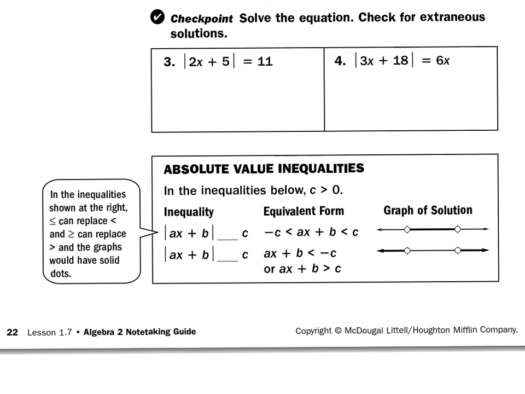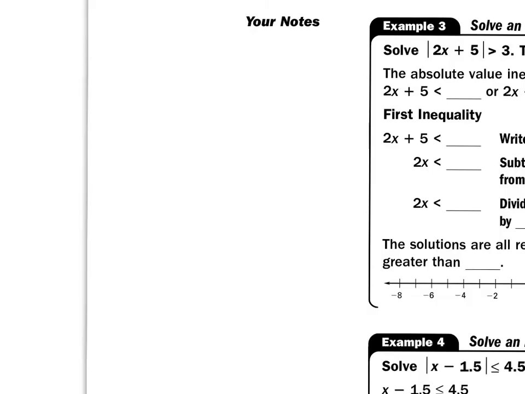We're not going to do the box at the bottom. Example 3. Solve the absolute value of 2x plus 5 is less than 3. So this time we have an inequality instead of an equal sign. These are the same to solve, except for one slightly different thing.